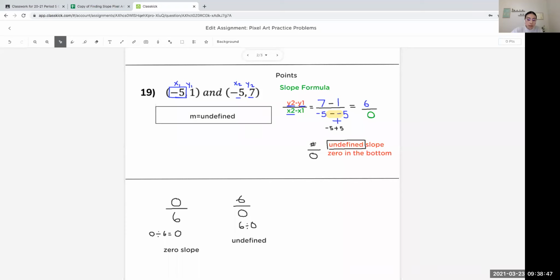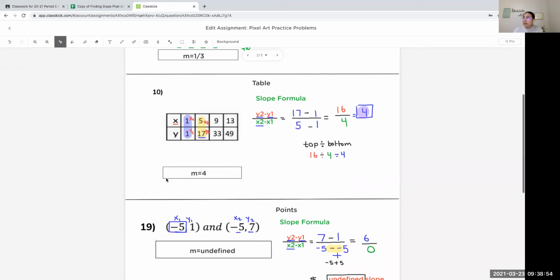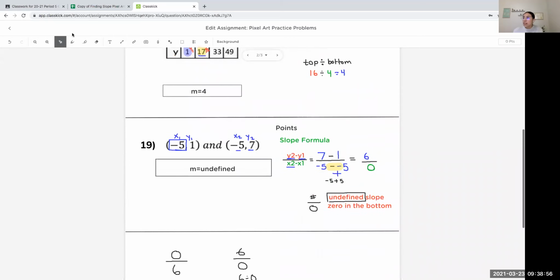You got to be careful with your double negatives on that one. So I have a question on number 17. 17 is going to be a very similar case to what's going on down here. That's similar to this, but with different numbers. So if you fix your denominator, that should help you out.